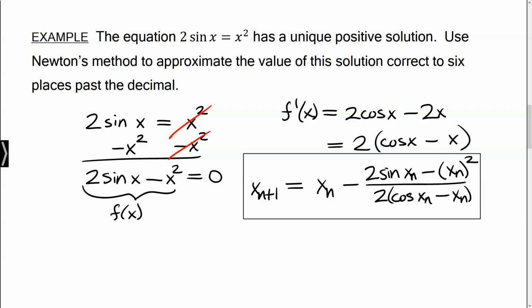So this is going to increase. And what it ends up doing is it increases to a certain maximum, and then it starts decreasing, it falls back down, and it pretty much decreases from that point on. You can see the derivative is 2 times cosine x minus x. Once the x term overtakes the cosine, it's just decreasing all the way to minus infinity. So here's what the graph of this function looks like.